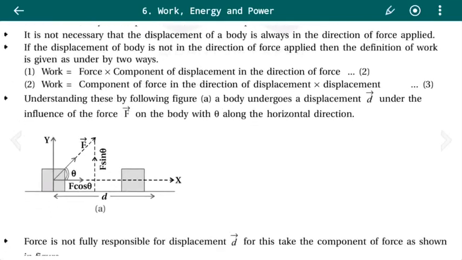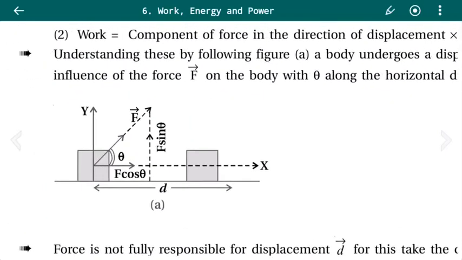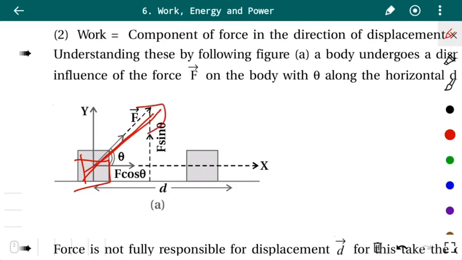Now let us understand this by figure A. A body undergoes a displacement vector D under the influence of the force vector F with angle theta along the horizontal direction. We can see in the figure there is a block and force has been applied on the block in this direction, and the displacement will be along the x-axis, making an angle theta with respect to the force.